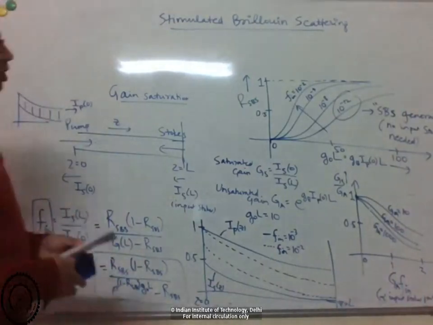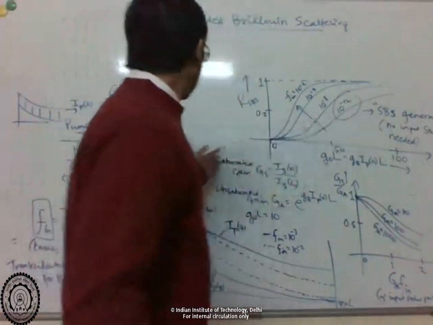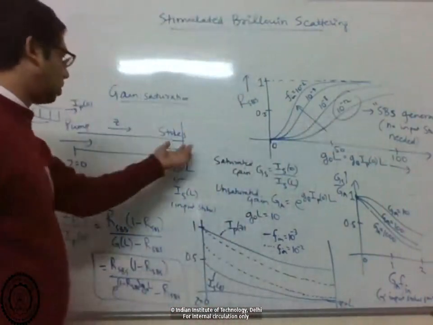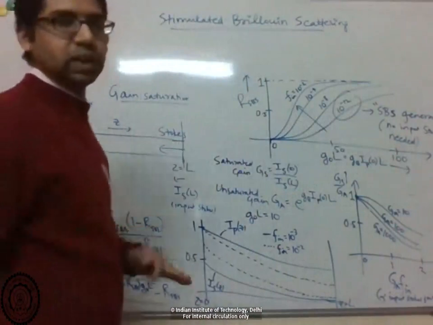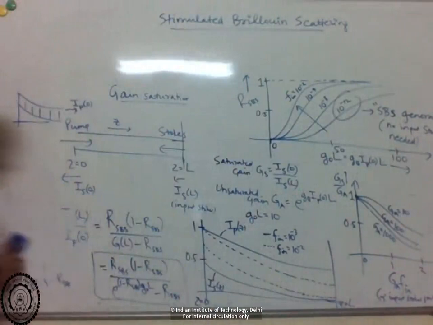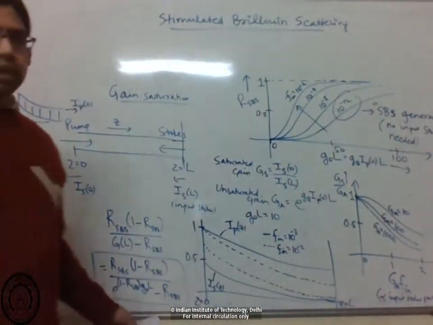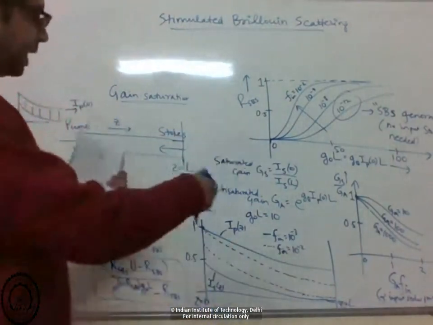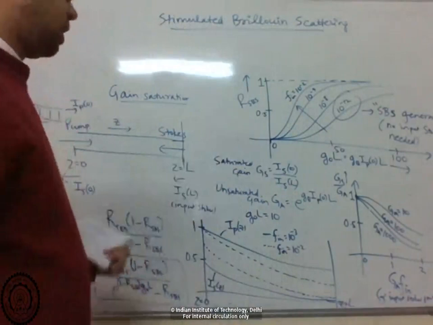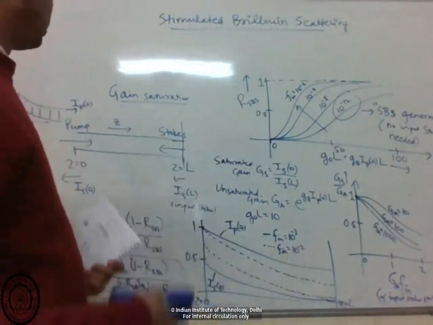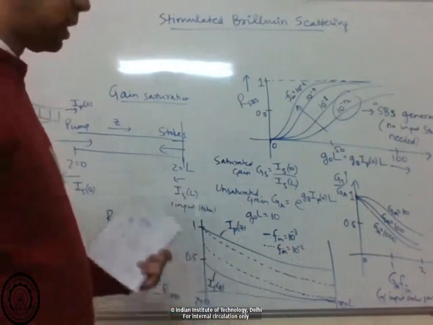Now again, for this SBS generator case, where you don't need any Stokes and you generate Stokes spontaneously, or the spontaneous noise amplifies so much that you get a Stokes, you can also, just like the Raman case, or like we saw for the parametric amplifier case, once you have some mechanism of amplification, put this amplifier inside an optical cavity, and if your gain exceeds the loss, you can make a laser.